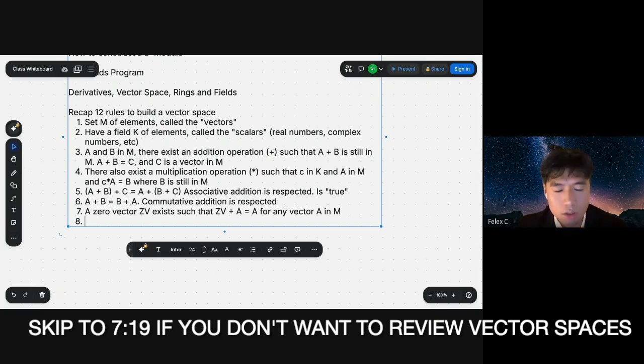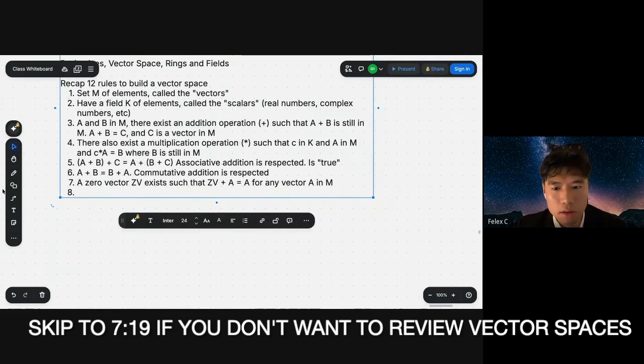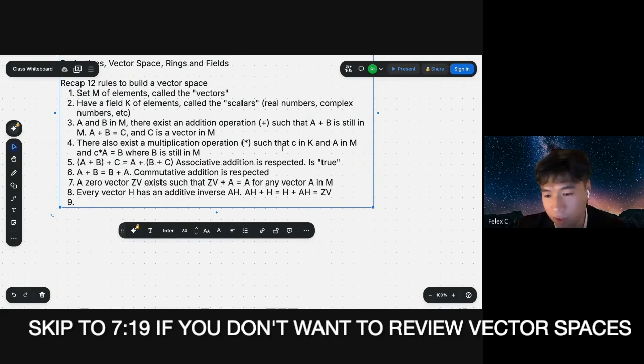Now every vector H also has an additive inverse AH. So AH plus H, of course H plus AH, is equal to the zero vector, ZV, for any H, so every vector H in M. Okay, almost there. So multiplication also respects an associative-like rule.